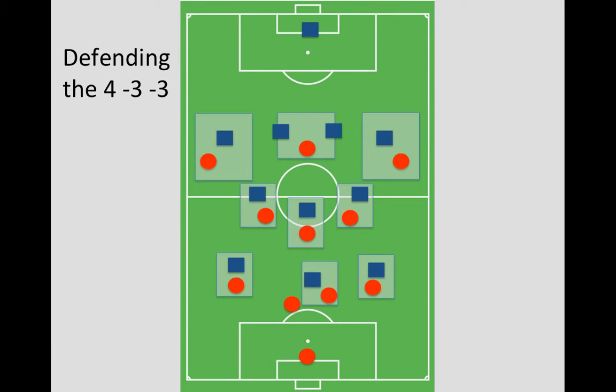The big change is the center backs. We want one center back to take the responsibility, and then we're going to go ahead and just make the call out that the other man, the other boy, will have more of what we might call the traditional sweeper role. So you can see he's a little bit more playing off the shoulder, not deep, not 8 yards, not 5 yards, just off the shoulder.